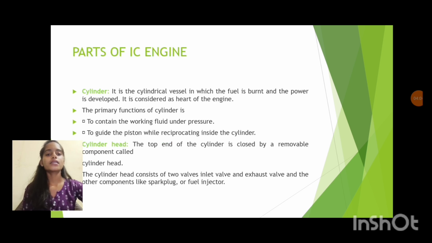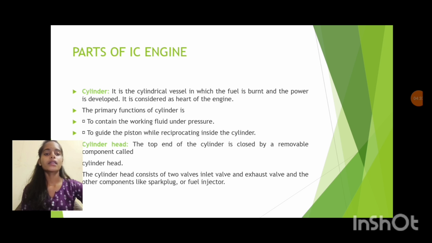Parts of IC engine. Cylinder: it is the cylinder wall in which the fuel is burnt and power is developed. It is considered the heart of the engine. The primary functions of the cylinder are to contain the working fluid under pressure and to guide the piston reciprocating inside the cylinder.